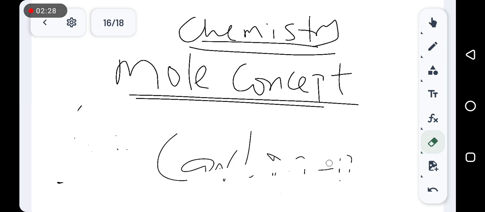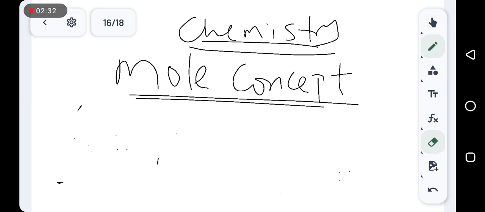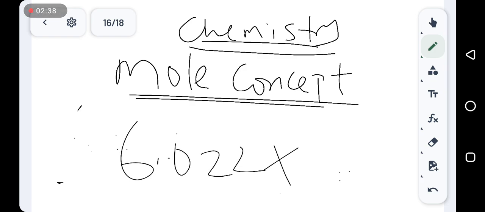The number of particles in this carbon-12 is equal to 6.022 times 10 raised to power 23. This is the number of atoms that you can see inside this carbon-12 isotope.